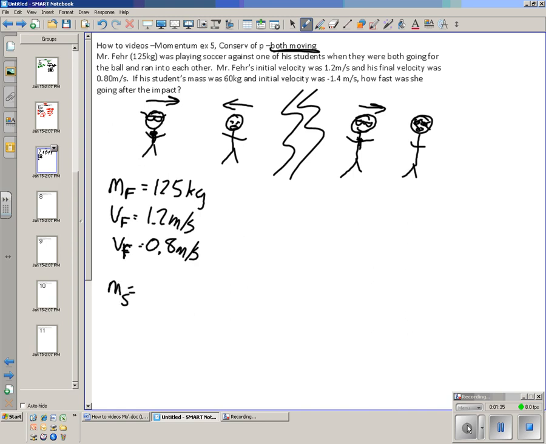Mass of the student is 60 kilograms. Velocity of the student initially is negative 1.4 meters per second, because she's moving in this direction here. And final velocity of the student is unknown, but hopefully she survived the impact.